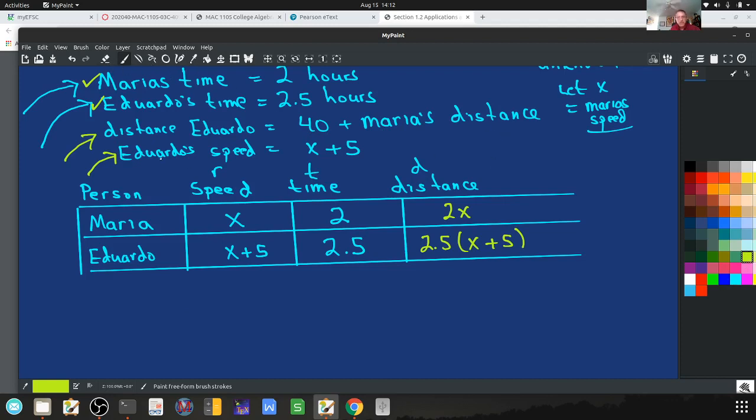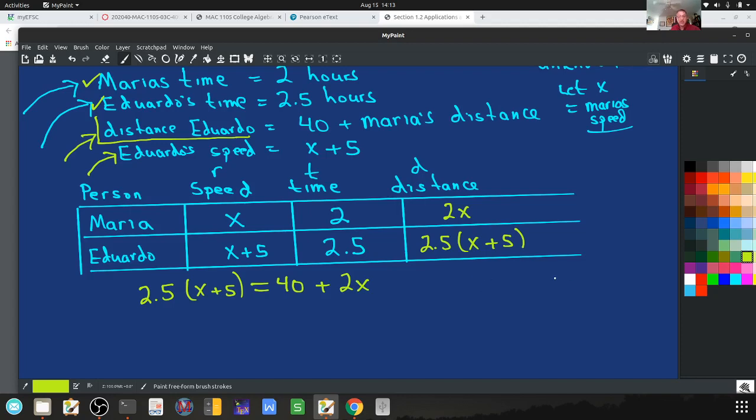Let's go. So Eduardo's distance is given by 2.5 times x plus 5. So this is my guiding equation right now. Eduardo's distance is 2.5 times x plus 5, and it's equal to 40 plus Maria's distance, 2x. Oh, great.